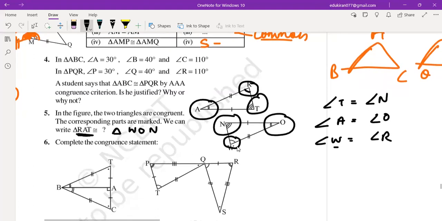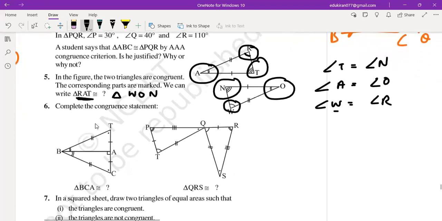This is how you have to find. Now in the sixth one also same. You have to find this side. So quickly do the A and B both and then we will discuss the answer. Clear? Everybody? Yes, ma'am. Abdullah, you also got it? Yes, ma'am.